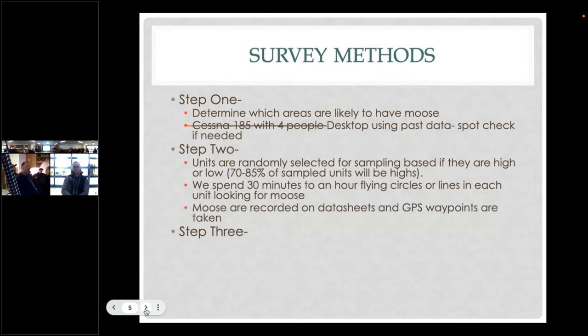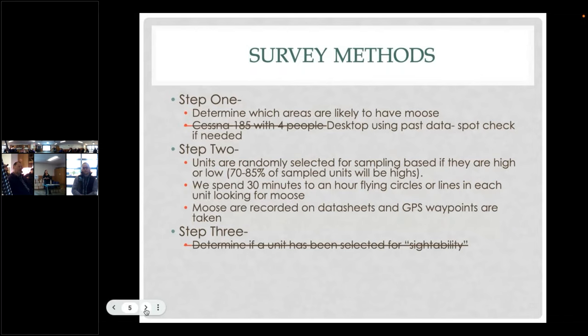So then the third step is called sightability. And so we have to determine how many moose are present, but that we missed. In the past, what we've done is for every sampled unit, there's an envelope. It's kind of like a little advent calendar. After you've finished surveying a unit, you open that up and it tells you whether or not a unit has been selected for sightability, and then which part of the unit you're going to fly.